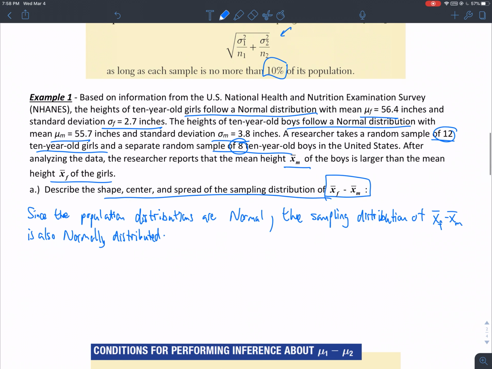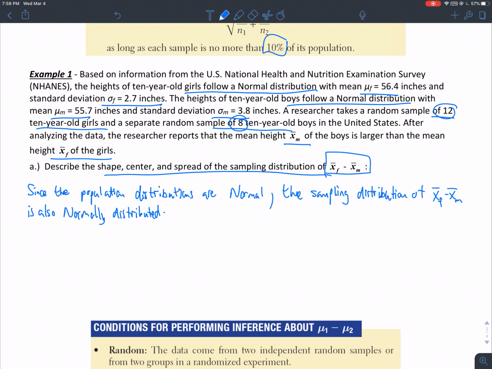Okay, and then center. So center for us should be easy to calculate. The mu sub x bar sub f minus x bar sub m, so the mean of the difference in sample means, would be equal to the difference of the means of the individual sampling distributions.